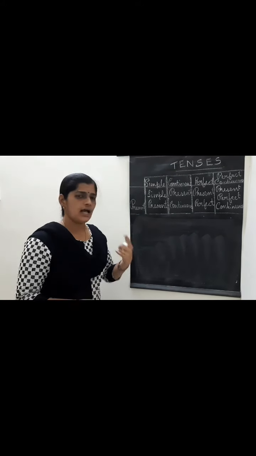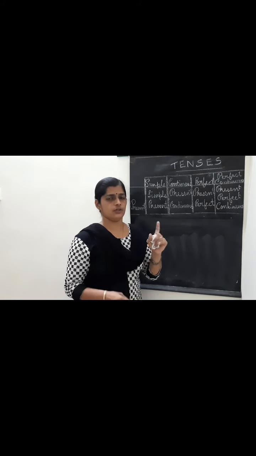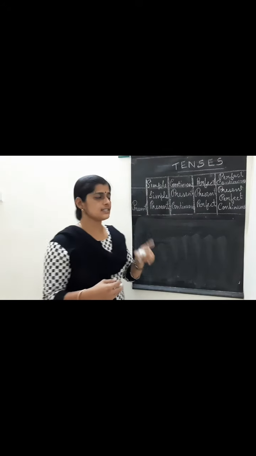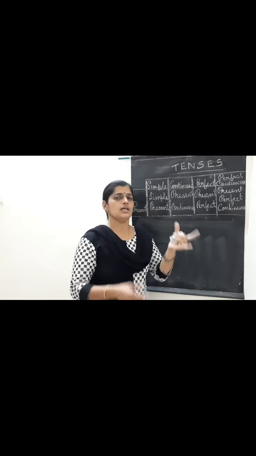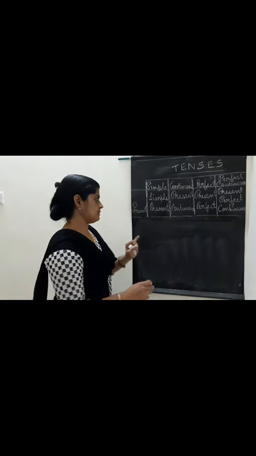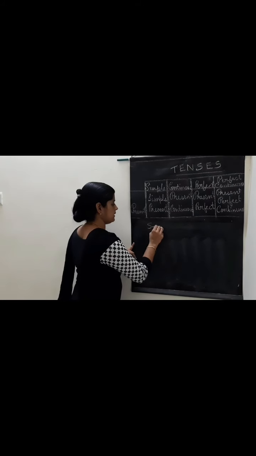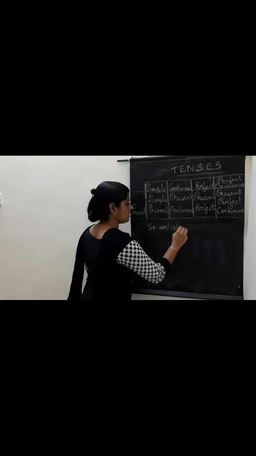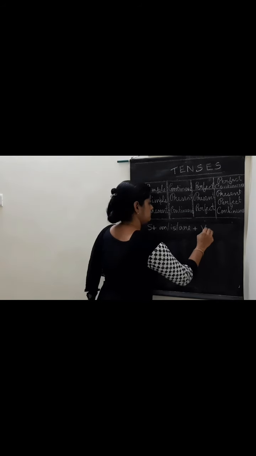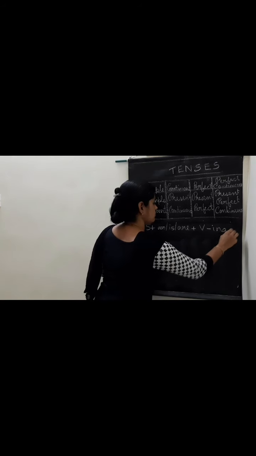For example, I am teaching you. You are listening to me. That is in present continuous, mainly to refer to an action that is going on at present. And the form is subject plus am or is or are plus the ing form of the verb.